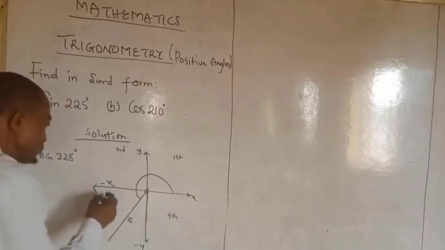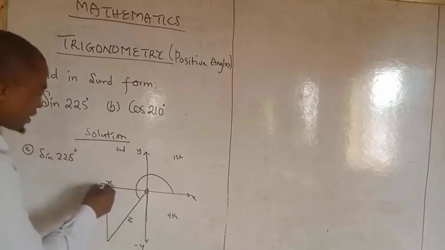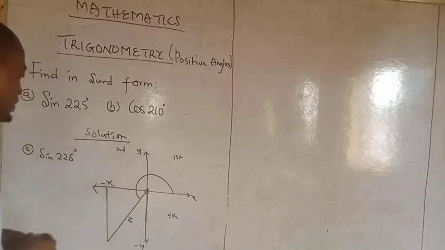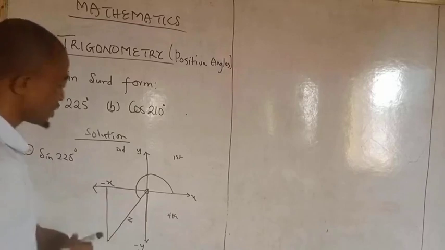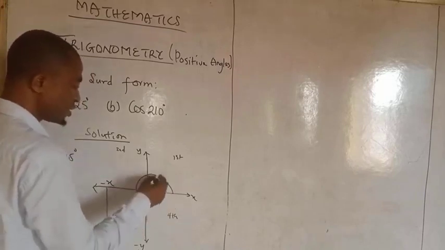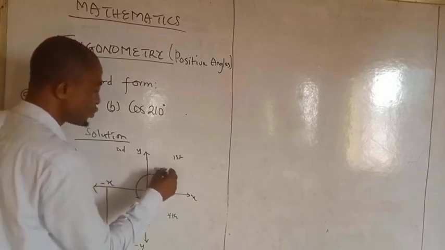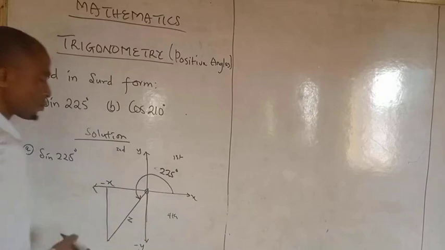So I can bring out a right angle triangle from here. So my 225 degrees is the theta from here to here. That's theta, which is the same thing as 225 degrees.